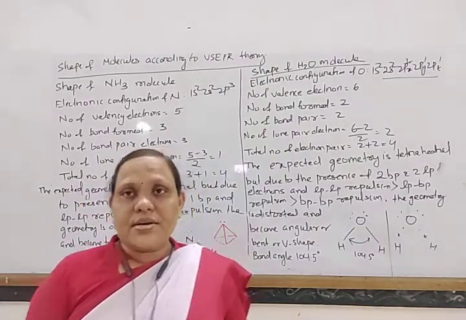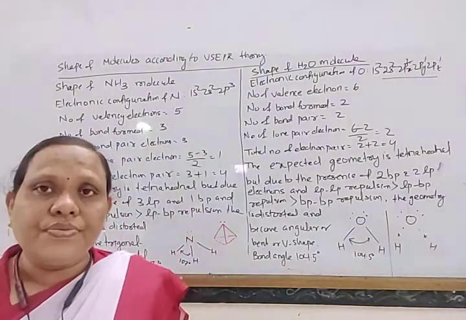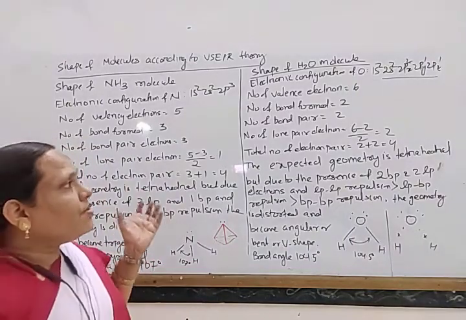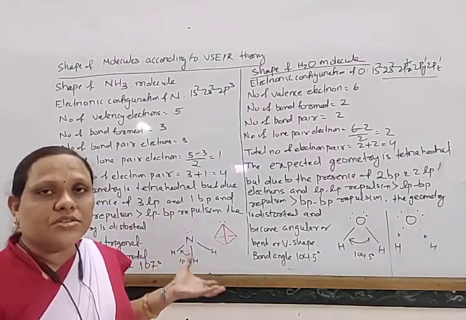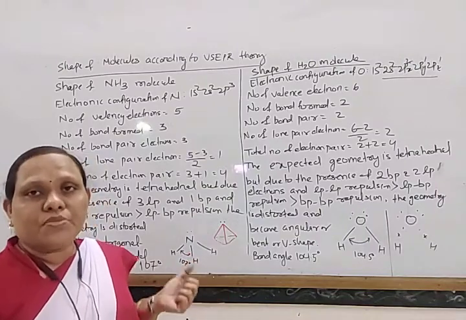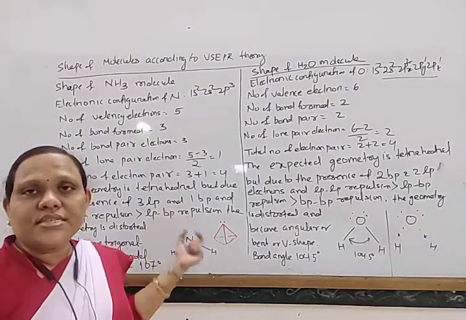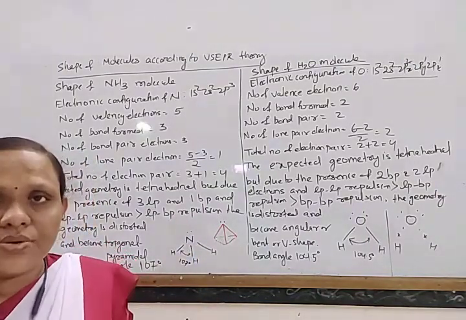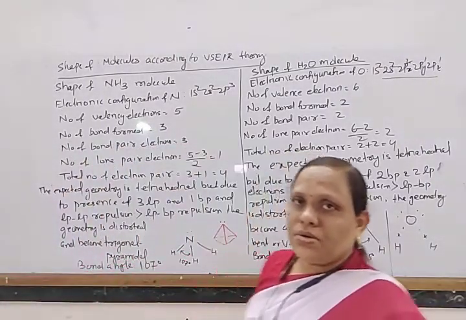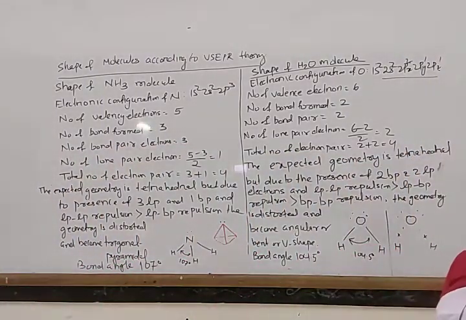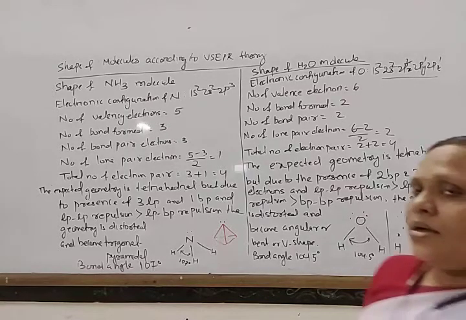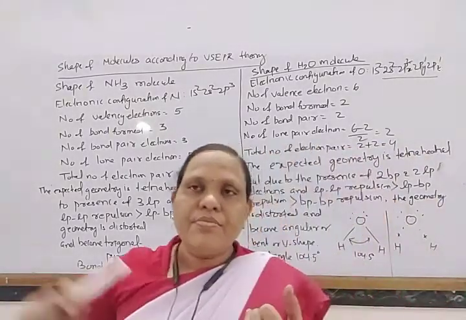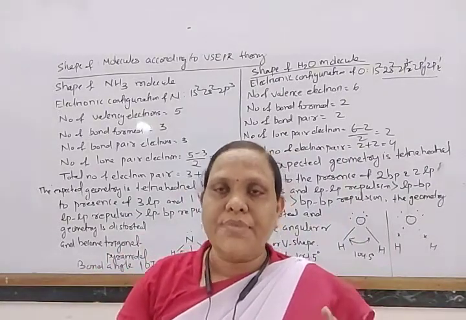Similarly, you can discuss the structure of different molecules by applying this VSEPR theory. Just note down this point. For methane also you can write in this way, for BCl3 also.